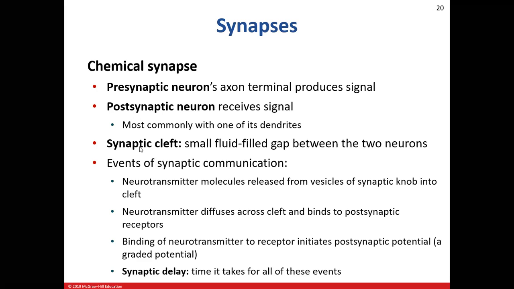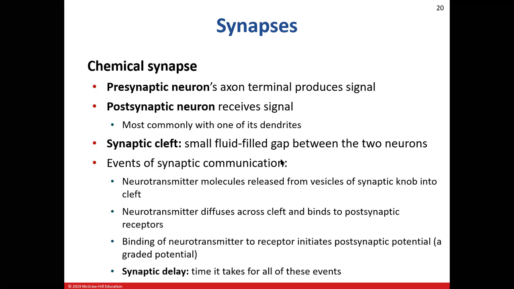The synaptic cleft, which we've already talked about, is the small fluid-filled gap between the two neurons. Because we have a space, this is not a direct connection. It's an indirect connection because the two cells are not physically in contact with each other. The events of this synaptic communication are really the things that we've already talked about with muscle contraction.